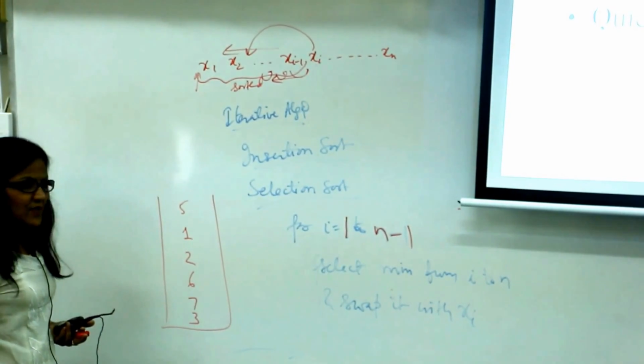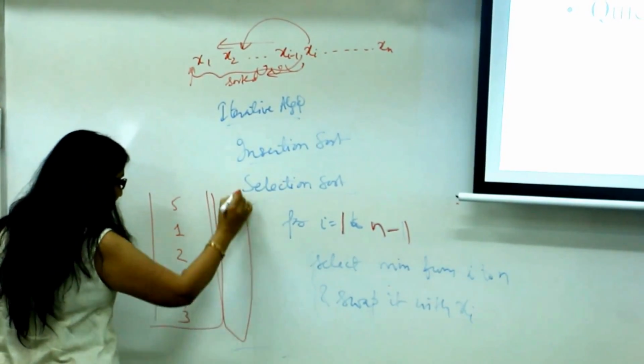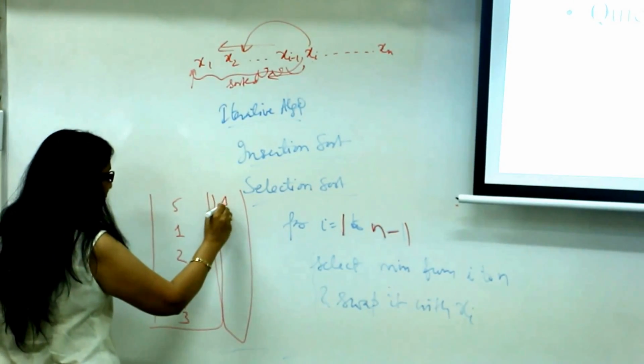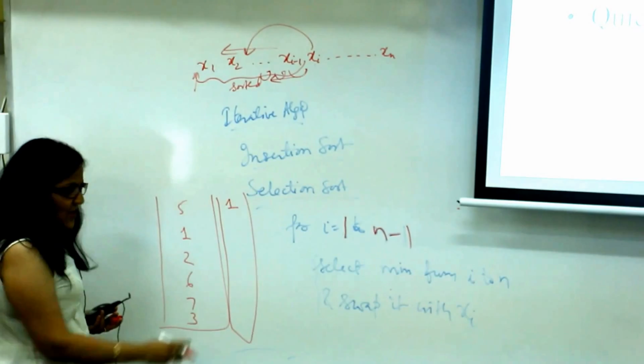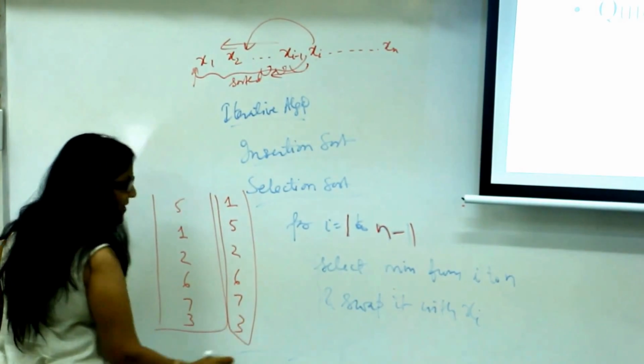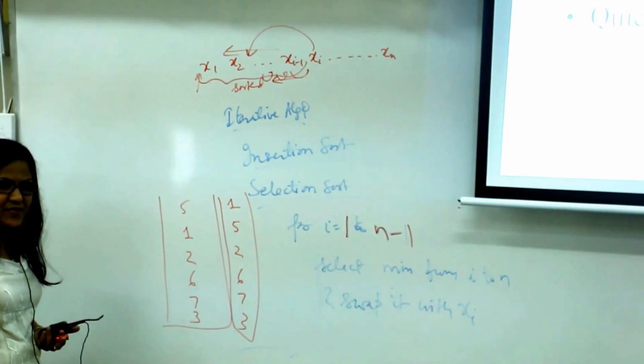After the first iteration, I know one is here. I don't know the relative order, but I'm just putting it like this. The algorithm could be doing anything else with the other elements.